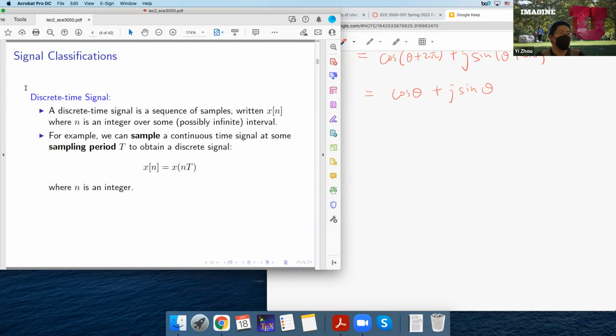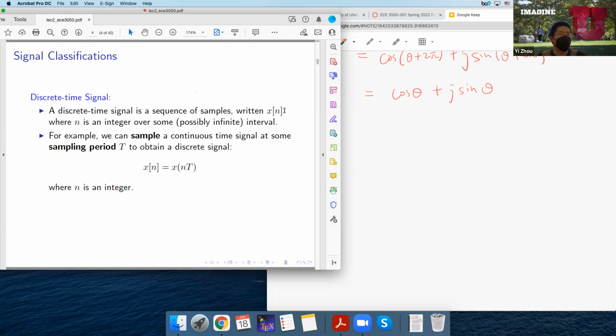And also we have the discrete time signal. The definition is almost the same. The only difference is that now the variable is only indexed by discrete numbers, integers. So basically, a discrete time signal is a sequence of samples, basically a long vector. We usually write discrete samples as x[n].